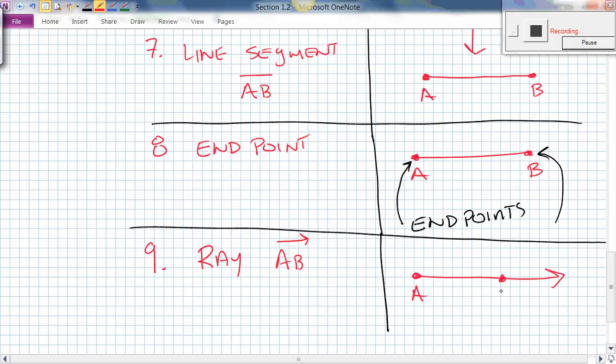Now, question for you. Could I have called that ray BA? No, I could not call that ray BA. How come? Because it's not going in that direction. So it's going A, B. Now, we call this one right here the initial point.